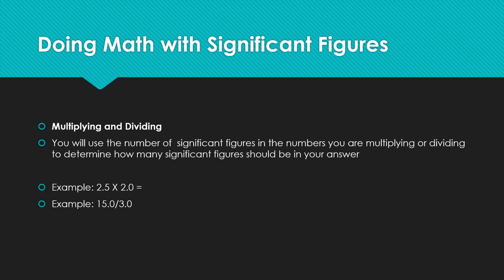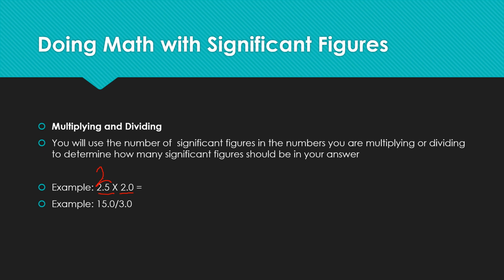So let's look at the first example with multiplication. We have 2.5 and we have 2.0. This number has a non-zero 2 and a non-zero 5. Non-zeros we know are significant. So this number has a total of 2 significant figures, both non-zero.